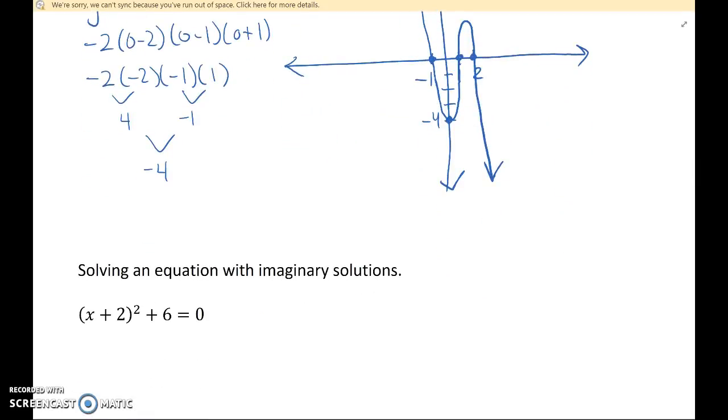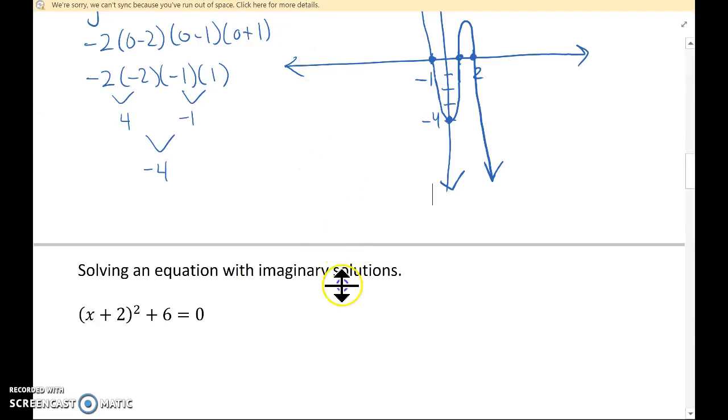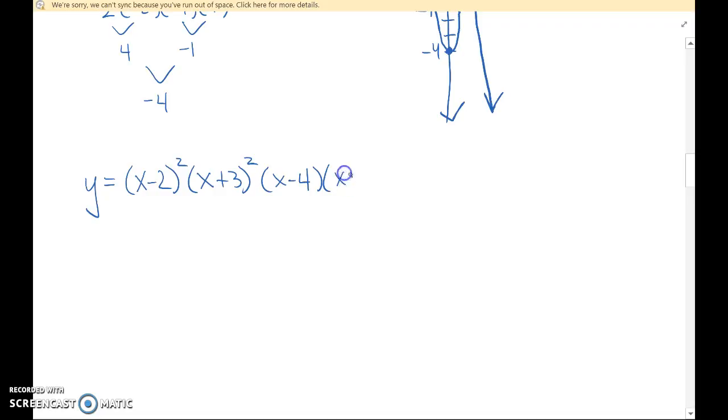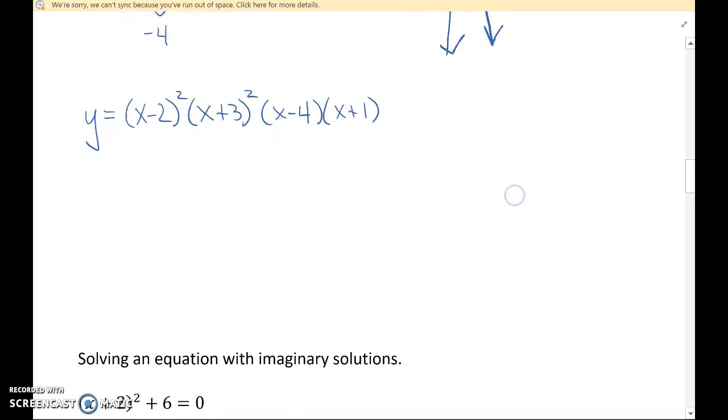Let's put one more in here. So let's give the equation y equals x minus 2 squared times x plus 3 squared times x minus 4 times x plus 1. Okay, so again, I need a little more space.